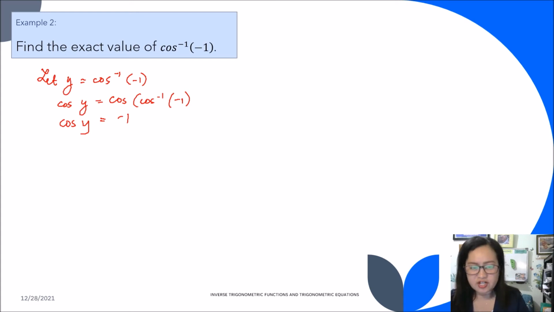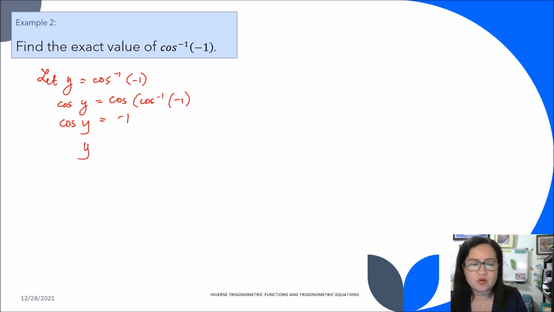Now using your calculator, you can press shift, cosine, negative 1. That will give you 3.1416 or pi if your calculator is in radian mode, but if it is in degree mode, you will get 180.